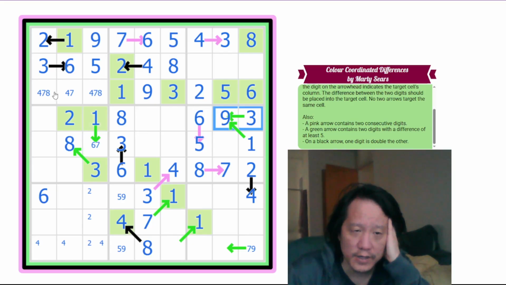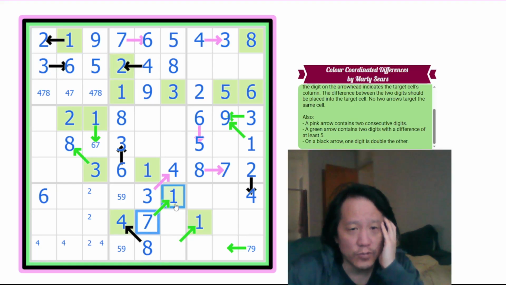We have 3, 9 pointing to 6. 1, 9 pointing to 8. 6, 5 pointing to 1. 3, 8 pointing to 5. 6 and 3 pointing to 3. 3, 4 pointing to 1. 8, 7 pointing to 1. 2, 4 pointing to 2. 7, 1 pointing to 6.